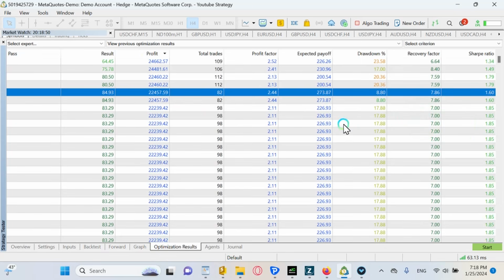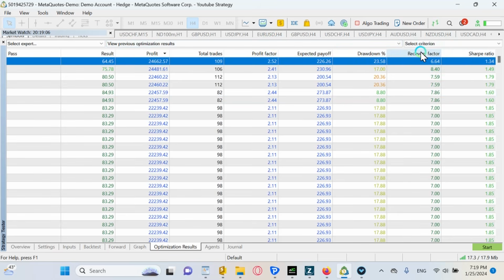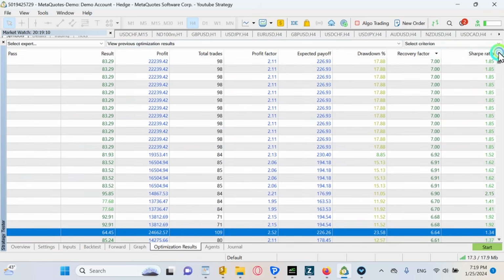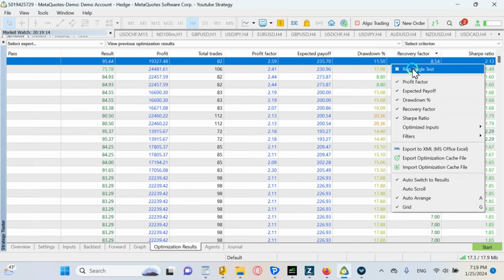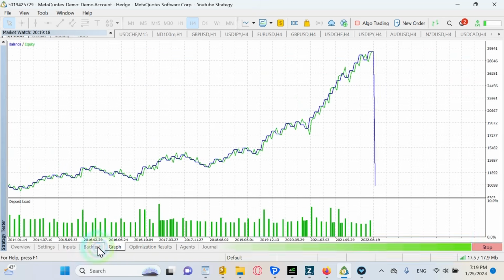And I just want to showcase how important it is to actually use your brain to create equations or just a few variables based on not just profit. You can filter by recovery factor, and let's see how it looks if we just run the highest recovery factor one.